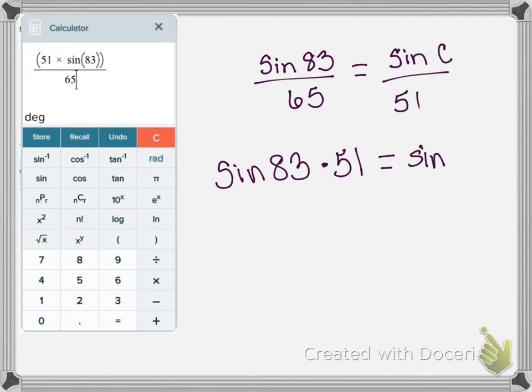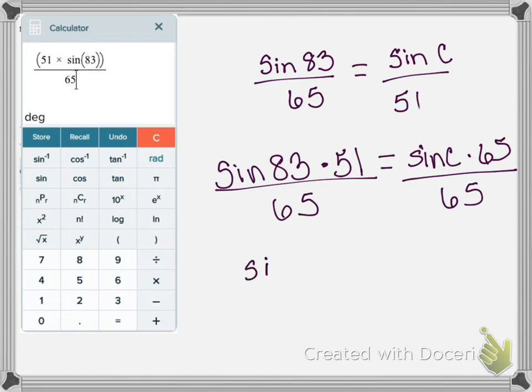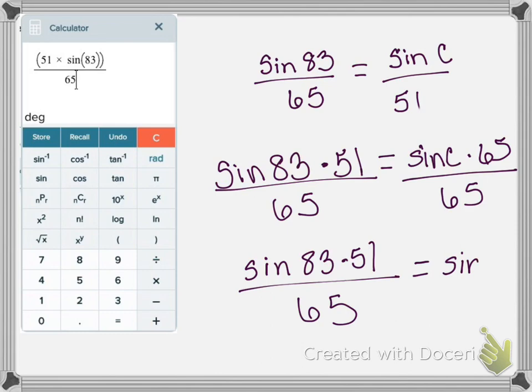My brain got a little ahead of myself. So I've got sine of C times 65. Okay, so when I divide, again, I have the sine of 83 times 51 divided by 65, and that is going to be the sine of C.